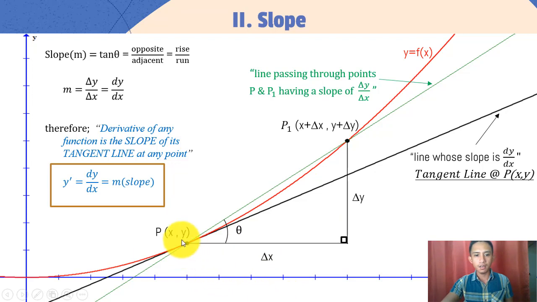Your x is the x coordinate. If I add a change in x, then that is your delta x. So let's say I will add, so that will go here. Because of the change in x, the point should stay on the curve because we are talking about the function.